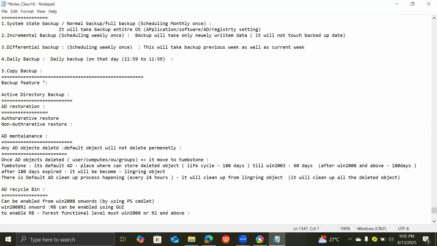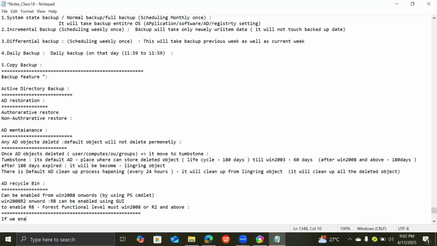Again, if we enable the Recycle Bin, it is applicable to the entire forest. It cannot be enabled only per domain, or for only one domain controller.